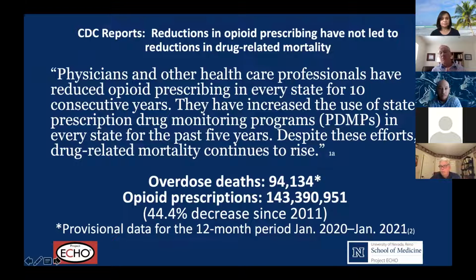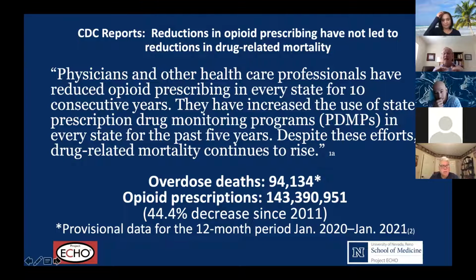Okay, so actually we've been doing a pretty good job as physicians and other healthcare professionals. They've reduced opioid prescribing in every state for 10 consecutive years. They've increased the use of state prescription drug monitoring programs in every state for 5 years. Despite these efforts, drug-related mortality continues to rise.